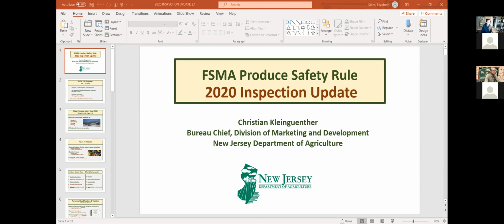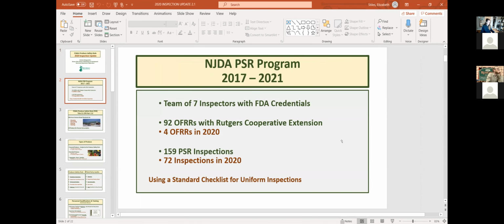We're good. Okay. So the New Jersey Department of Agriculture has been actively promoting food safety by doing on-farm readiness reviews and educational inspections. We have a pretty good program. We have 7 inspectors with FDA credentials. We've gone in a number of OFRRs, on-farm readiness reviews and inspections.